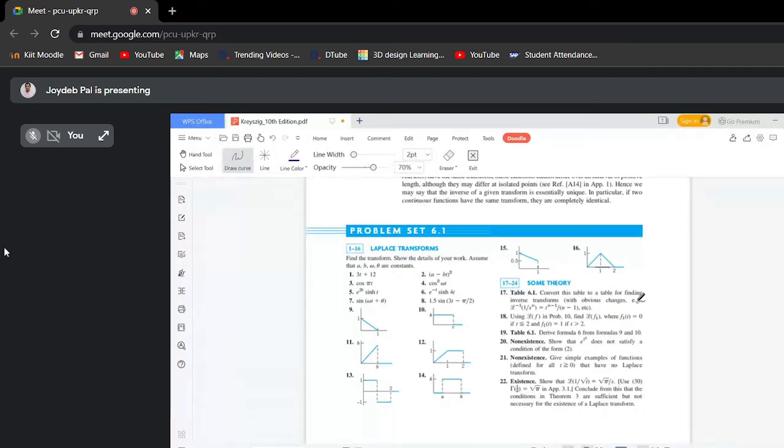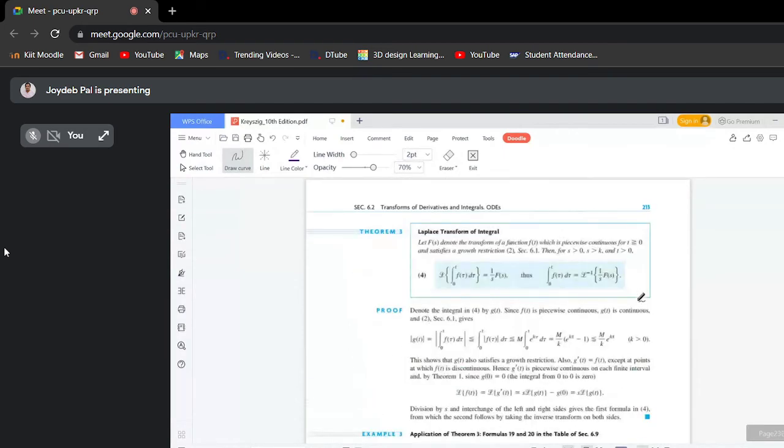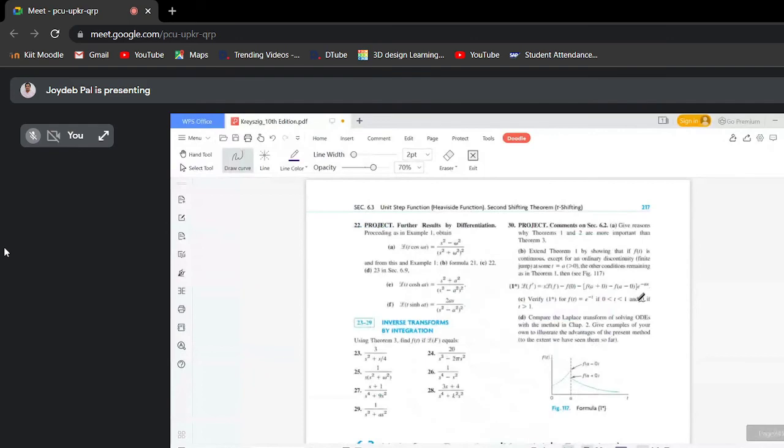तो piecewise function को कैसे मतलब इसके ऊपर कैसे Laplace transform लिया जाए, that is a question.